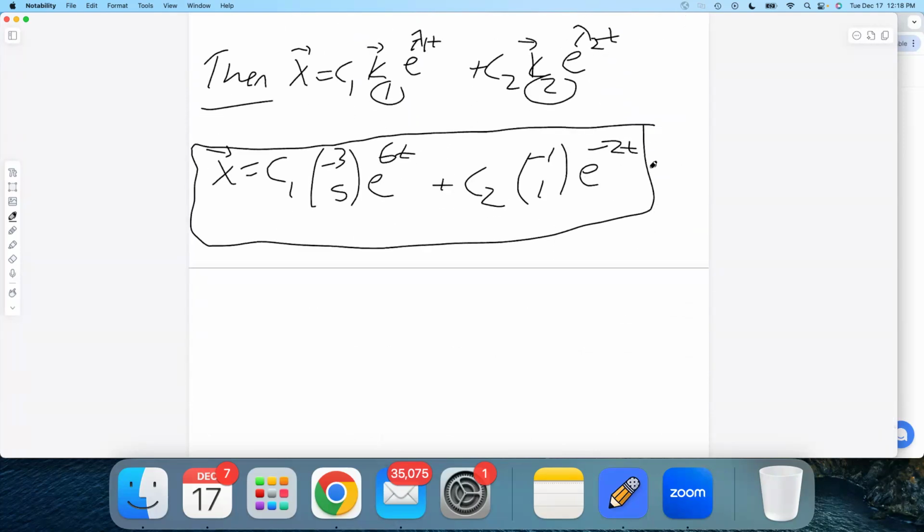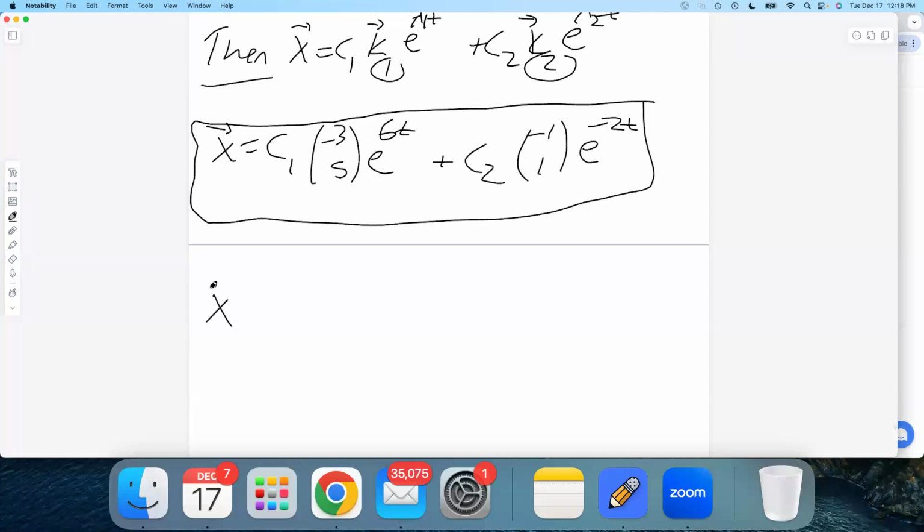Okay, this is a vector equation. Remember, the x vector was the vector, and see here now I'm using parentheses instead of the little square brackets. Who cares? Same thing. x1, x2. And that's supposed to equal this. It doesn't look like it, but this is a vector.